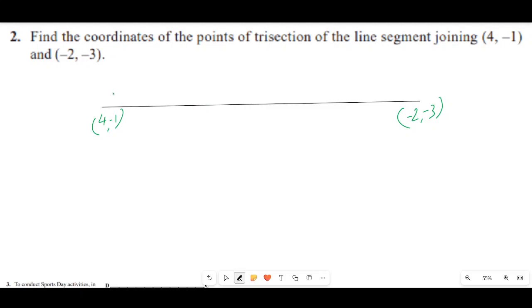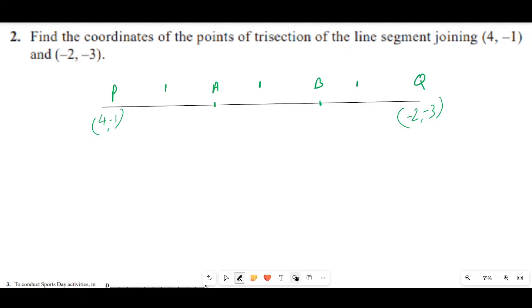Suppose this is P and this is Q, and here we will take 2 extra points, A and B. Suppose all are in equal parts: this is 1, this is 1, this is 1.